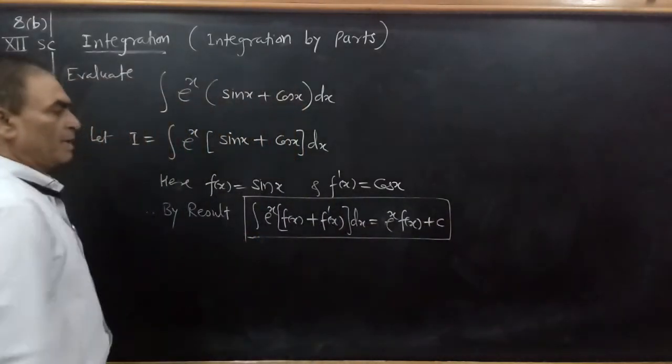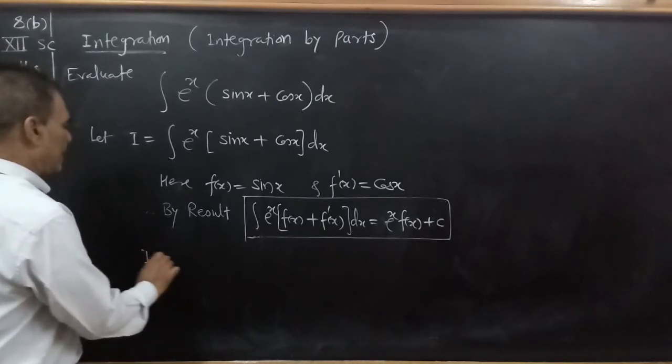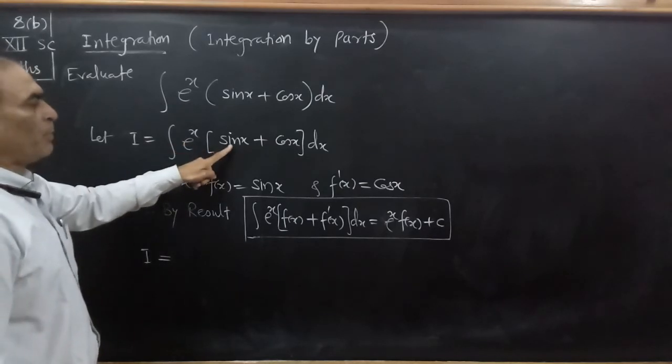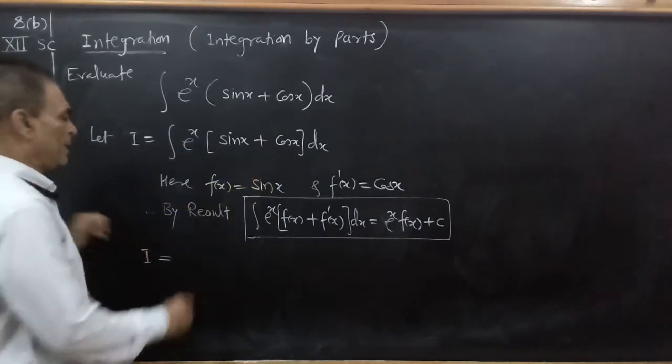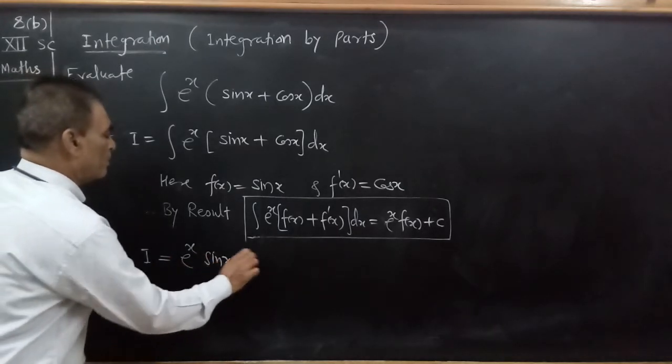As per this result, what is your answer? I equals e raised to x as it is, in bracket f of x plus f dash x. Therefore, you will get the answer e raised to x f of x plus some constant c.